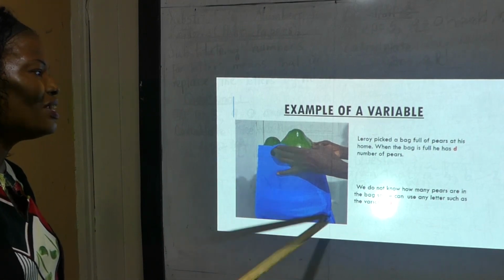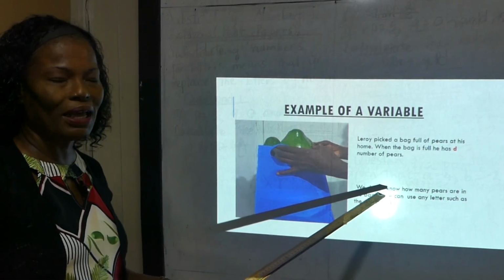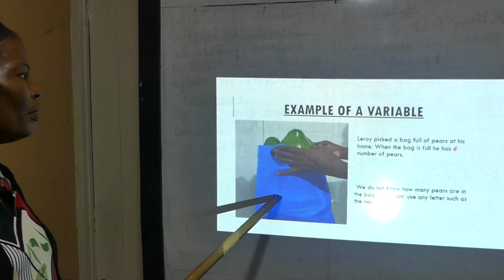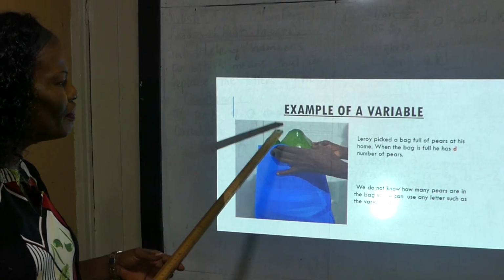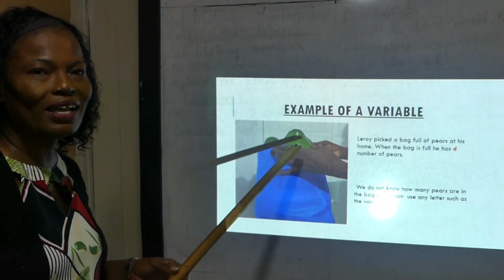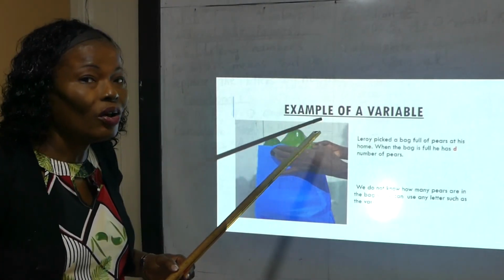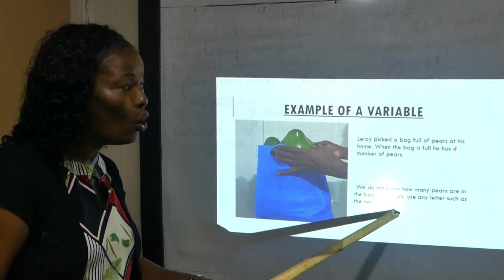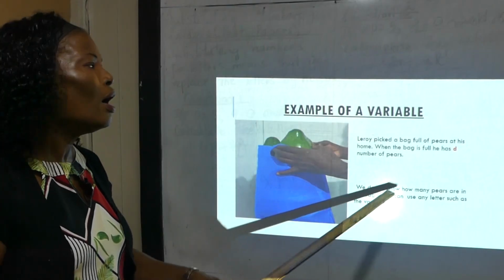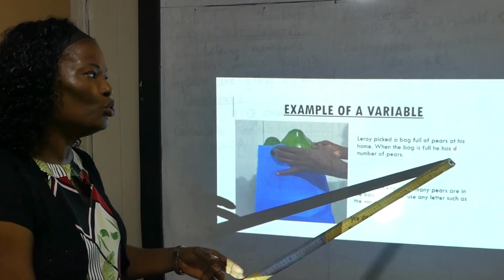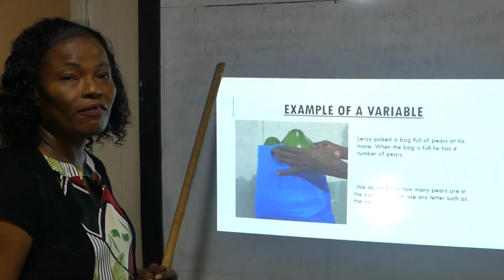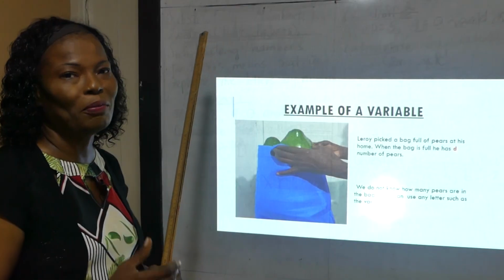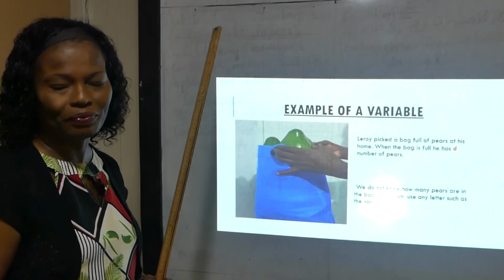So we can use any letter of the alphabet to name how many pears are in the bag. And that is a variable which we can call X or Y or Z or D or any letter in the alphabet. But in this case, they told you that it was D when the bag was full of avocado, as some of you may know, or pears.